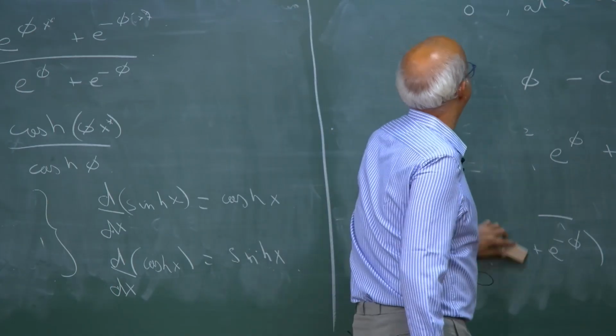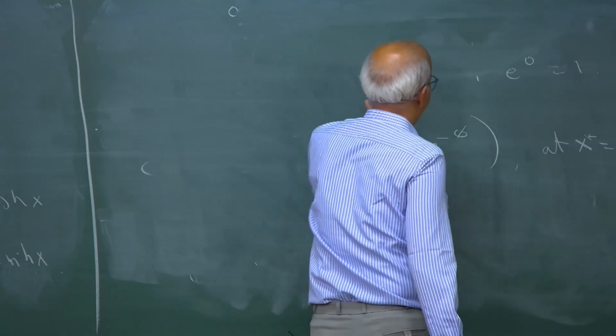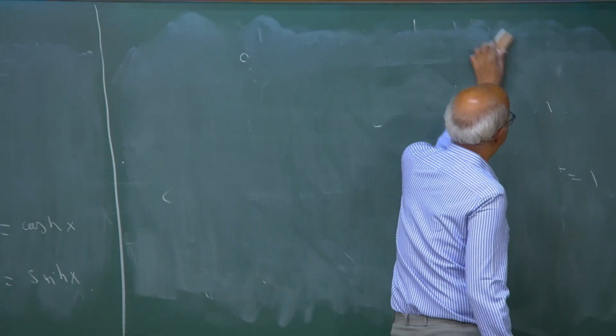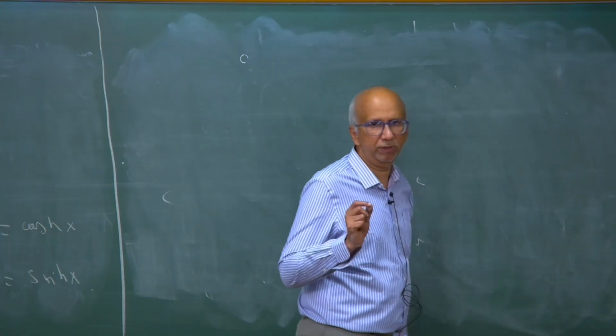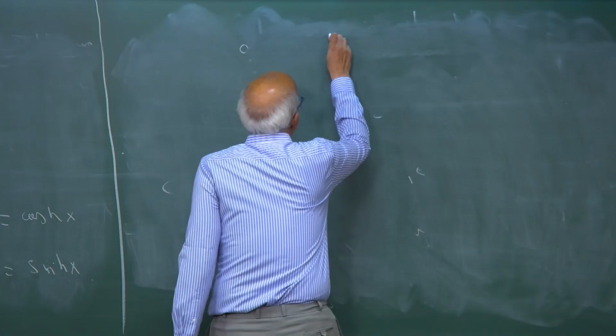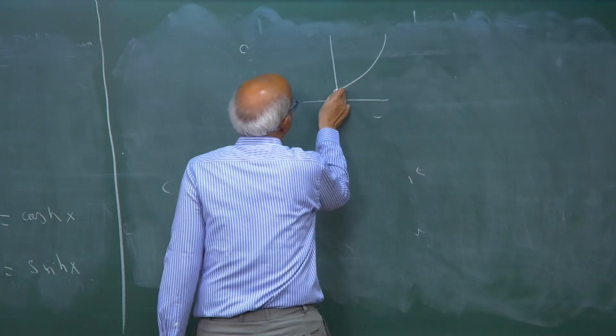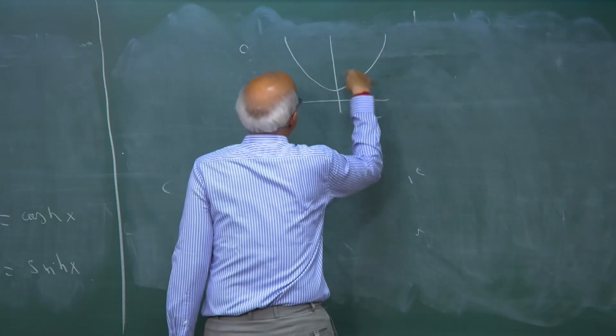So, what have we done so far? We have found quantitatively how the dimensionless concentration changes inside. You can plot this, and I told you it will have a minimum.